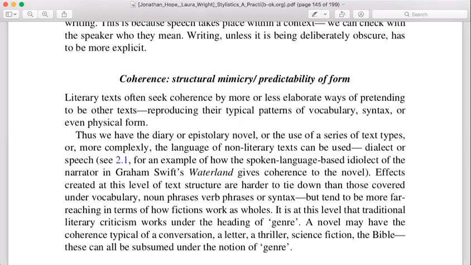The simplest example of ellipses in daily conversation, which I've already given you: when you are in conversation and you ask someone, where's the library? They don't reply completely, the library is near the gym. They would say, near the gym.